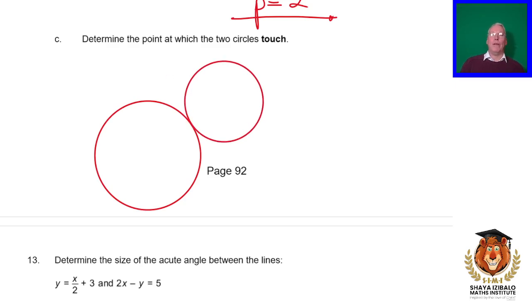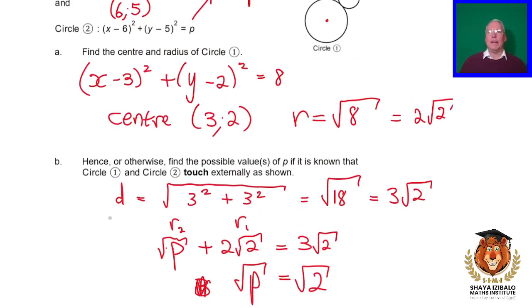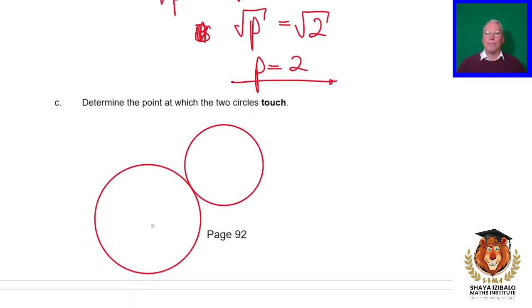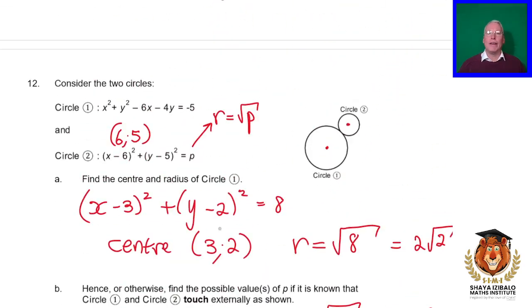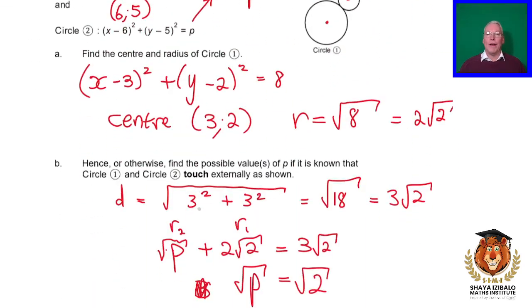We know this center here, circle number 1, is at 3, 2. And we know that this other center over here is at 6, 5.